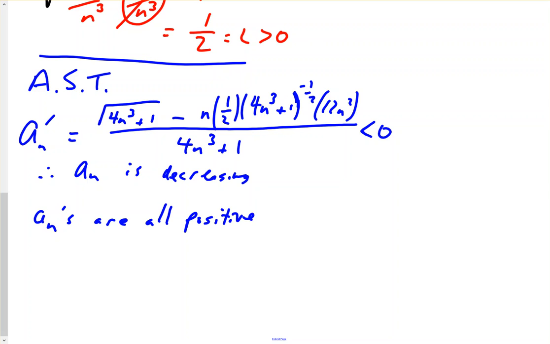That was another condition of the alternating series test. And then we have to take the limit, final step, as n approaches infinity of our a_n, so n over the square root of 4n cubed plus 1.